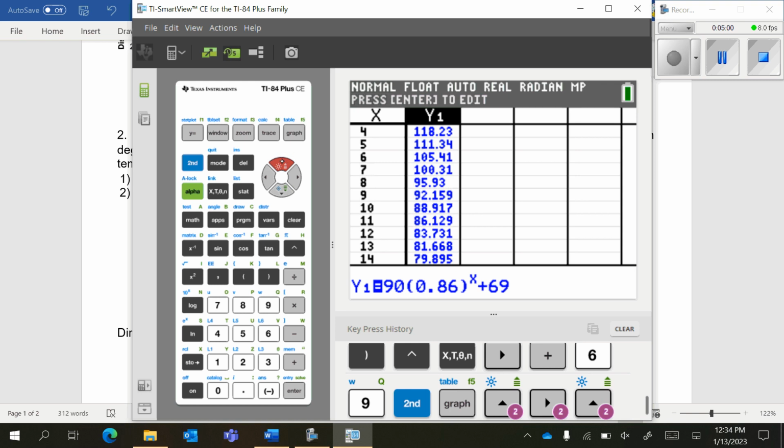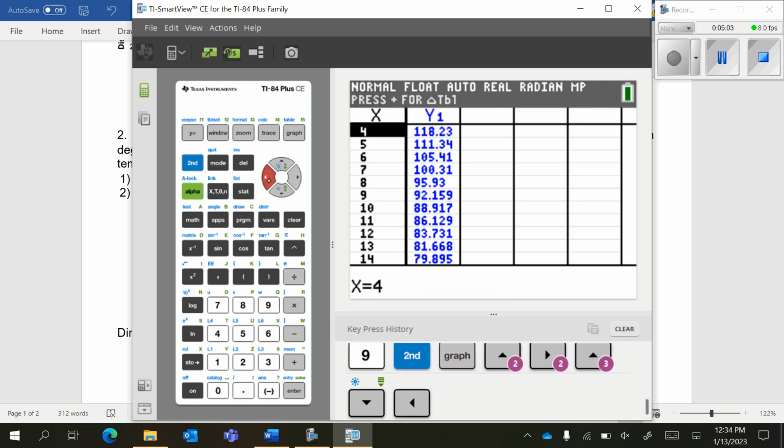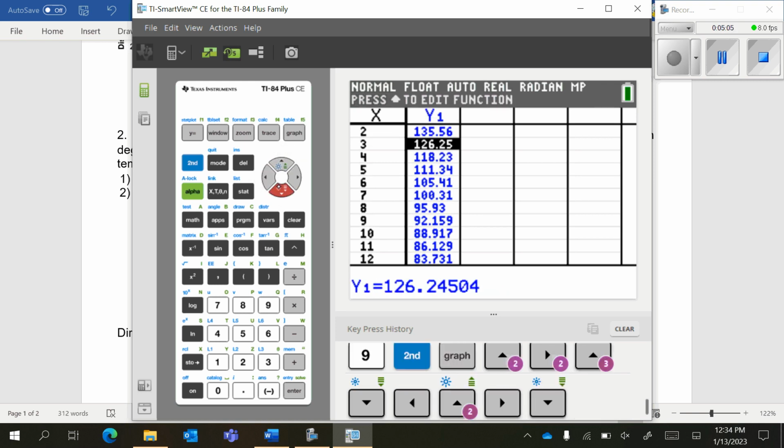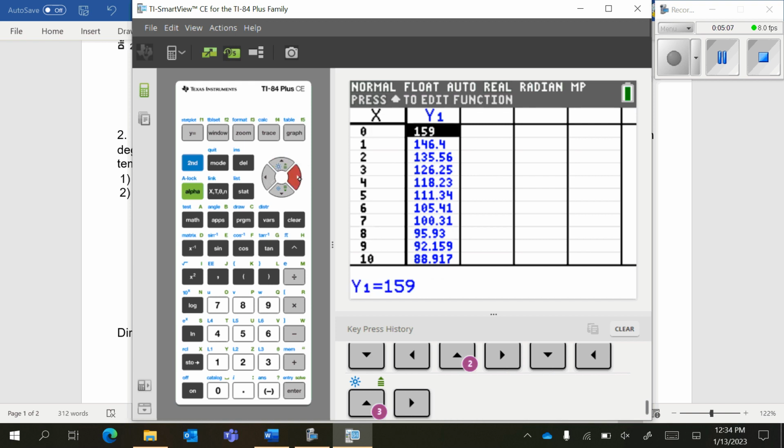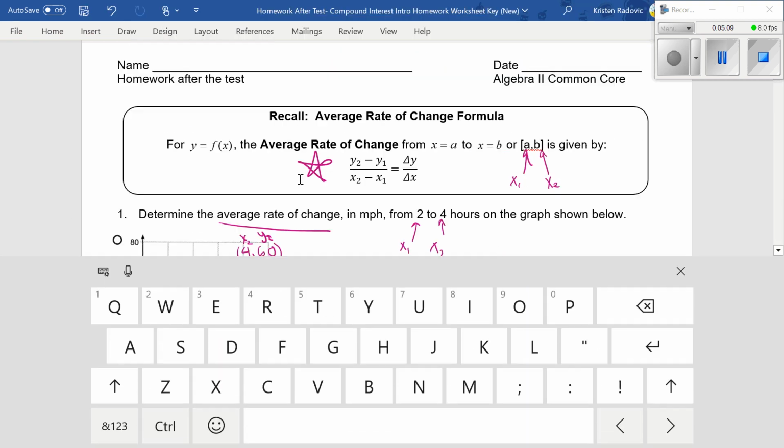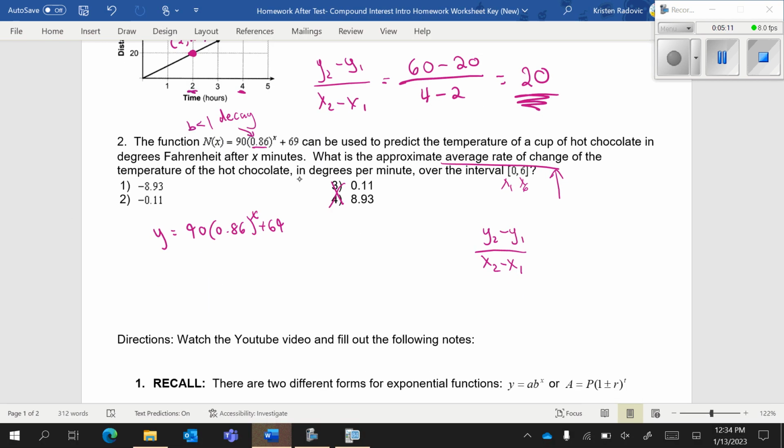Anyway, we are going from 0 to 6. So at 0, oops, we have 159. Which also makes sense because you know how we usually start at (0, 1) for exponentials?